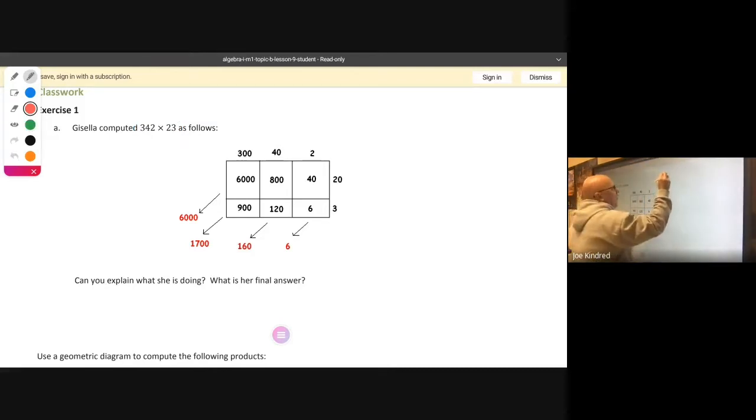So the third way is to take 342 times 23, I'm sorry, 23. And what I'm going to do is use the distributive property.